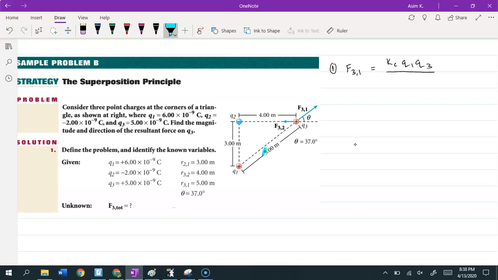It's told to us that the distance between those two charges is 5 meters. So we'll write in that this is over 5 squared.